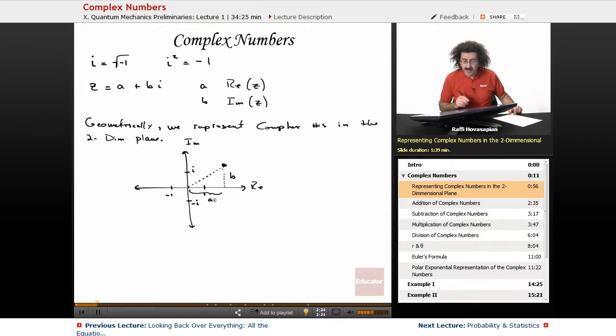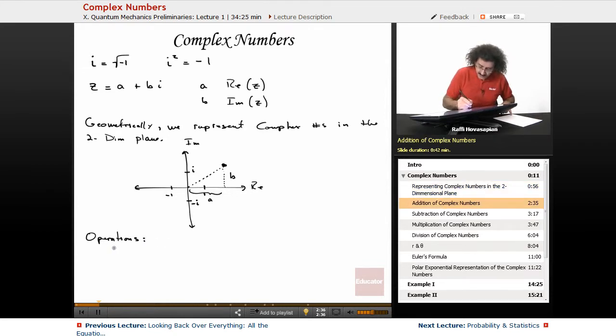Okay, let's talk about some operations with the complex numbers. You can add, subtract, multiply, and divide complex numbers the way you do any others. So let's talk about addition first. I think it's best to just represent it with an example here. So addition, if I have 2 plus 3i plus, let's say, 7 minus 4i.